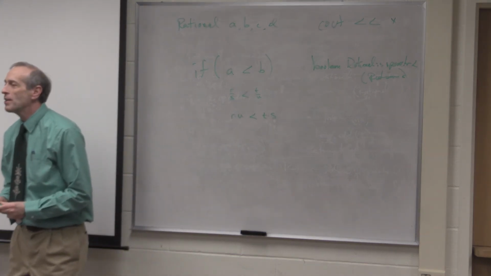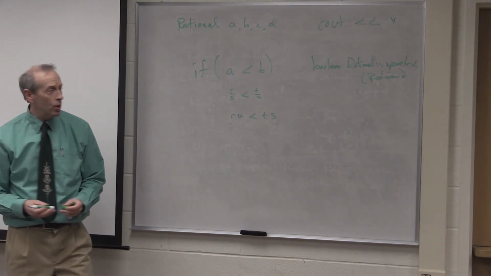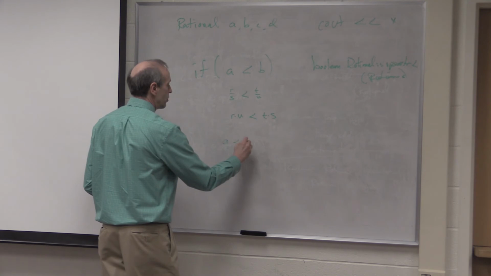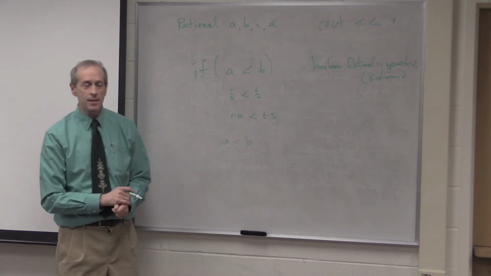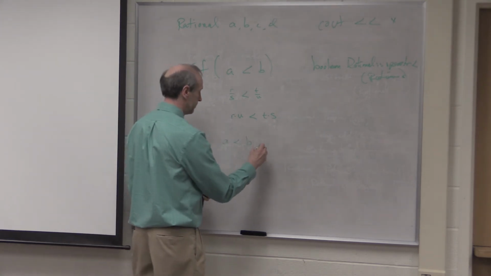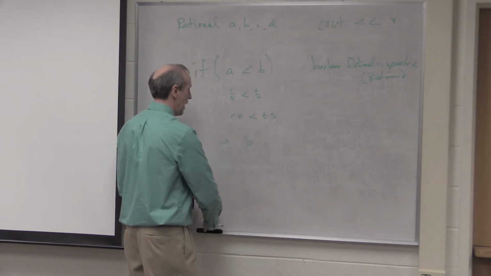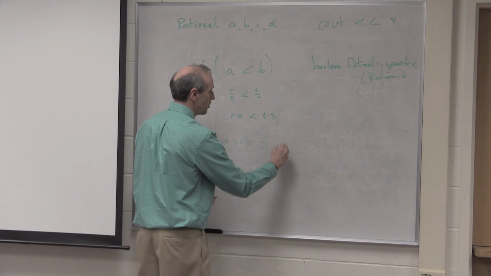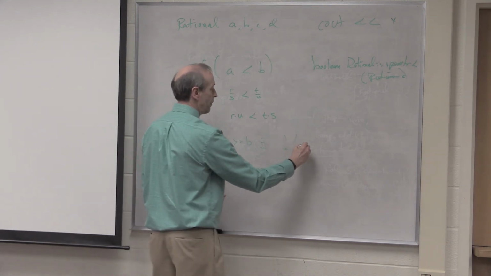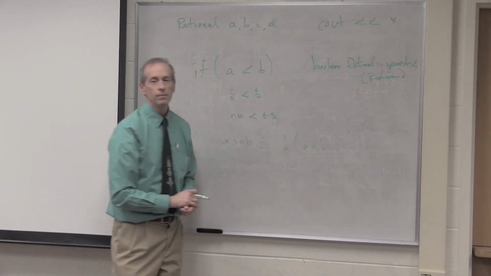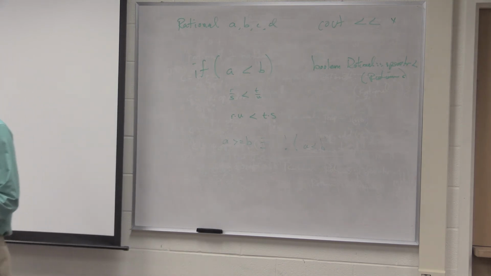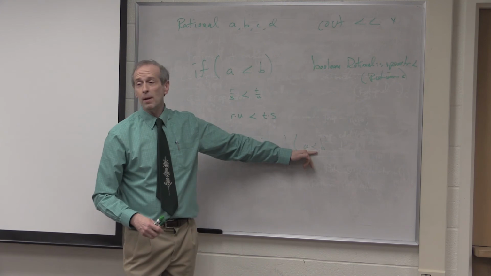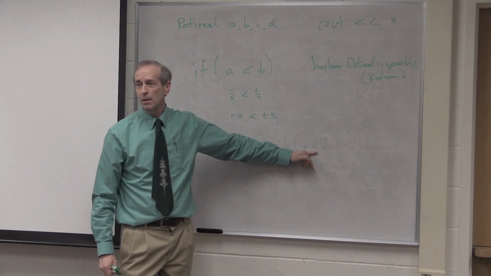Again, minimize the copying of code. All right. I would like you to note that A greater than or equal to B is equivalent to the negation of A less than B. So you do the work, you do the coding to implement less than.